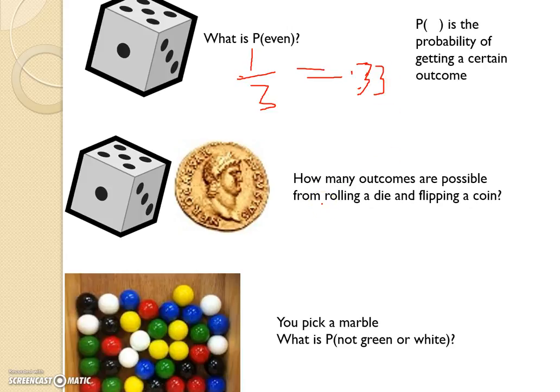Then there are combined events such as this. How many outcomes are possible from rolling a die and flipping a coin? That would be 6 times 2, which is 12 outcomes, because of the six-sided die and the two-sided coin.